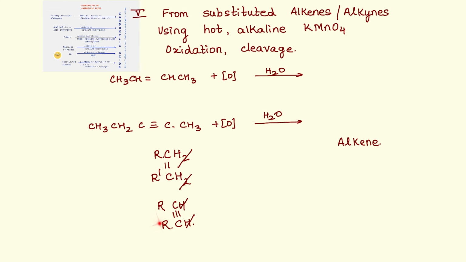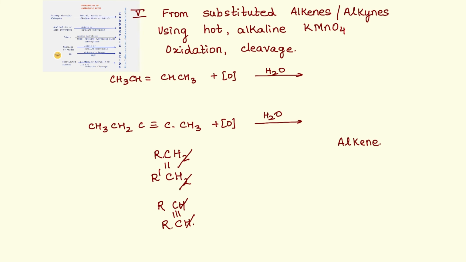Again, there's a separate playlist on alkenes and alkynes. Alkenes, double bond between the carbon atoms. Alkynes, triple bond between the two carbon atoms. There is cleavage, that is breaking of the bond, as well as oxidation. So what product will be formed will depend on your alkyl groups which are present around the doubly bonded carbon.